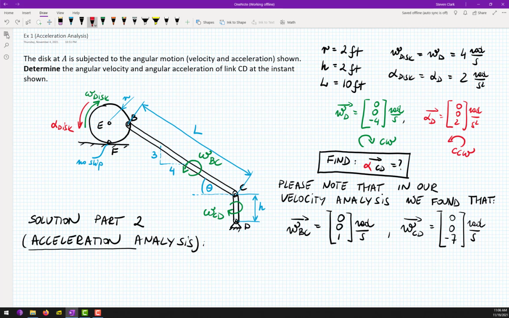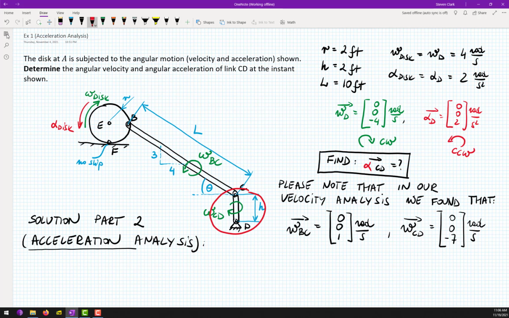Even though they ask us to find the acceleration of this body, it doesn't mean that we should go straight into acceleration analysis. Before running acceleration analysis of any mechanism, any system, you must know every single omega of the system.